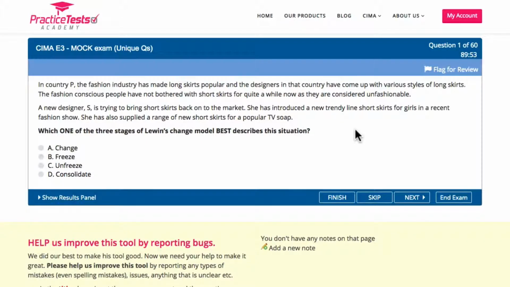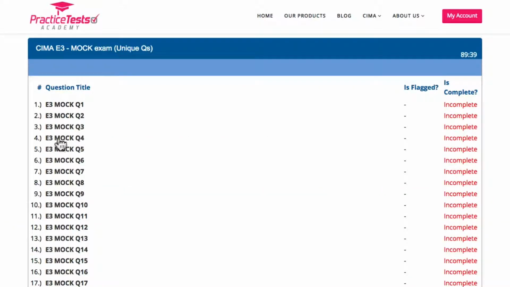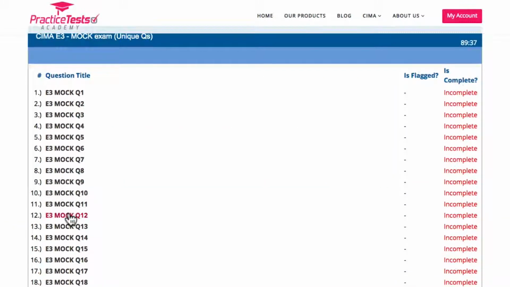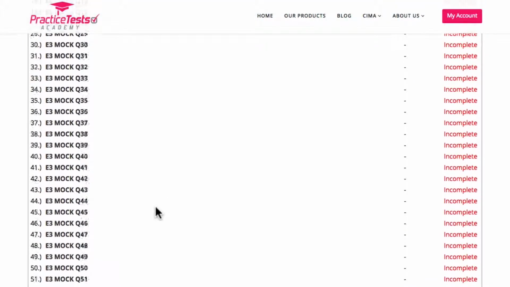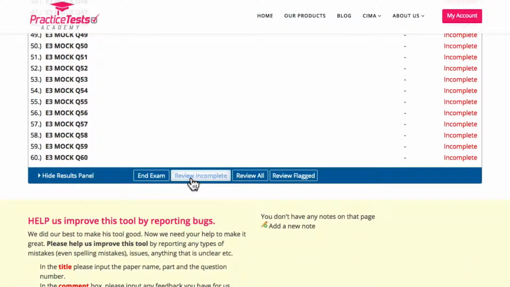Additional features to mention here is that you can practice your time management and also improve your exam technique by utilizing options like flag for review or show results panel, where you can pick exactly the question you would like to practice, or if you scroll down, you can review all the incomplete questions, all the questions, or only the flagged questions. That's again the functionality that is being used in the final exam.